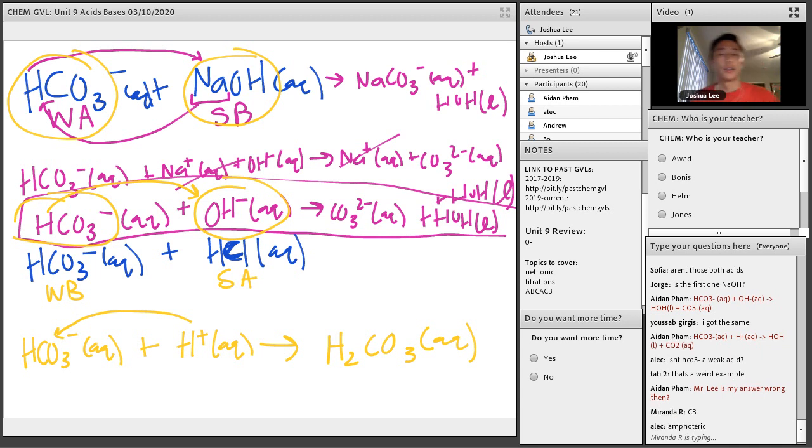Amphoteric. It can act both as an acid and a base. Aiden, your answer is not wrong. You just went one step further, knowing that carbonic acid would break up into water and carbon dioxide. But most people don't know that.